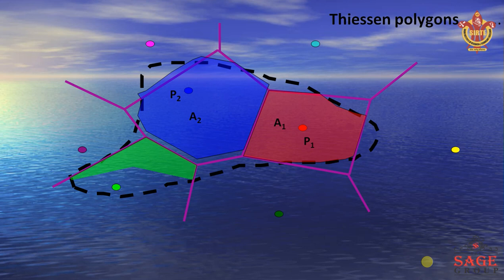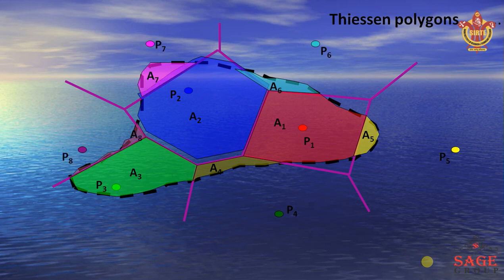Similarly, we have station 3, 4, 5, 6, 7 and 8. A1, A2, A3, A4, A5, A6, A7, A8 are respectively the areas enclosed for stations 1 to 8, and P1, P2, P3, P4, P5, P6, P7, P8 are respectively the precipitation values of the respective stations.